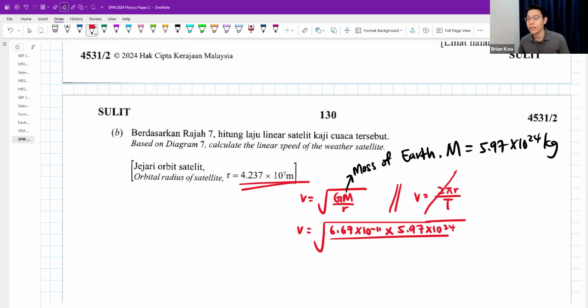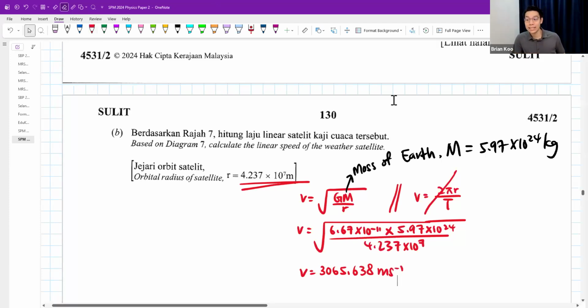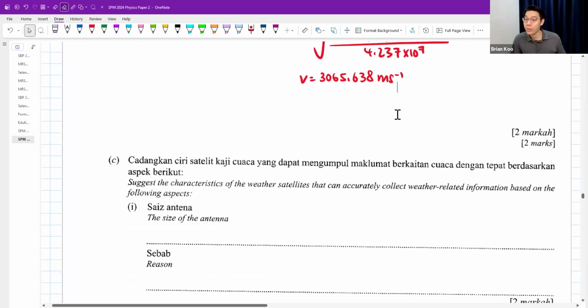And the orbital radius is 4.237 times 10 to the power of 7. Everything is SI unit. I rounded off to 3 decimal places, and this is what I got: 3065.638. Okay, round off properly.